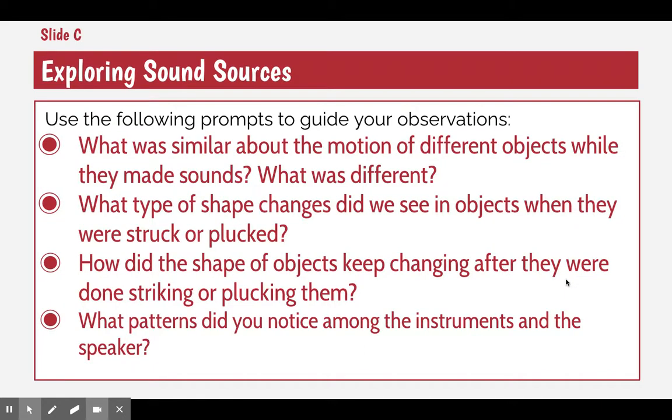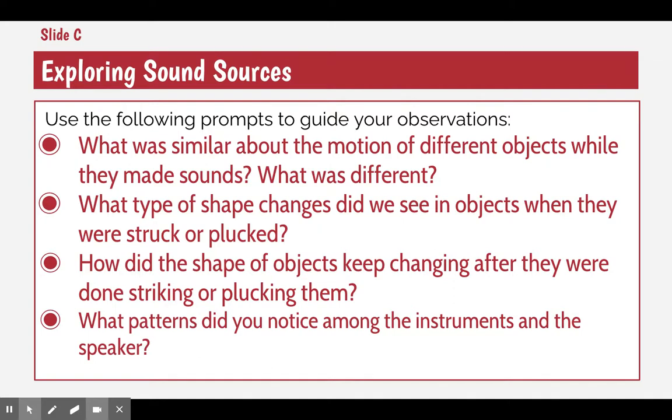And as you watch the videos, think in your mind about what's similar about the motion of different objects while they make sounds. So you'll look at a tuning fork, a guitar, and a drum. What are some similarities? What are some differences in the way they make sounds? What type of shape changes did we see in objects when they were struck or plucked?